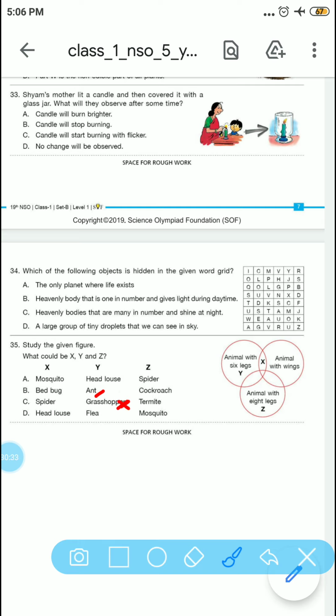Sorry, it is for the X one. X, the bed bugs, yes, or mosquitoes.